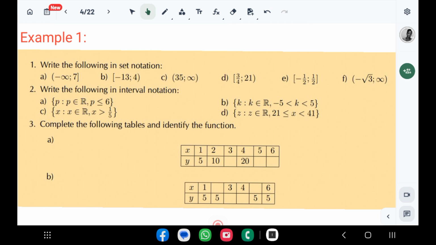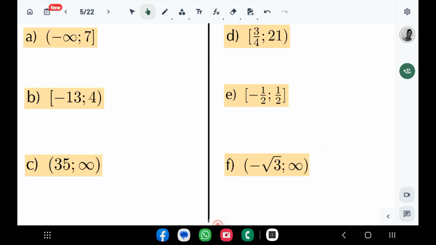Let's start with example 1. Now I've duplicated all these questions here so that it's easy for us to answer them. All right, the first one is the set of real numbers between -infinity and 7. So these are numbers that are less than or equal to 7.